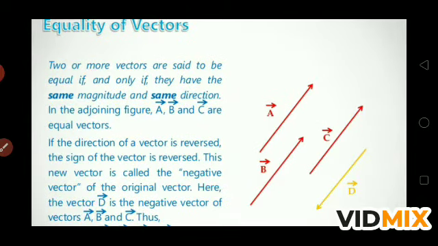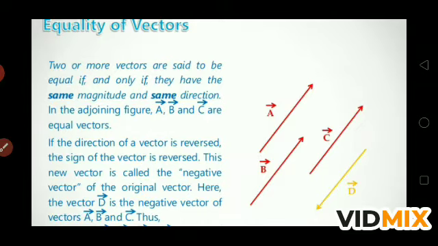So two or more vectors are said to be equal if and only if they have the same magnitude and the same direction. Two vectors are said to be equal only when they have same magnitude and same direction. If the direction reverses, then the equality is also changed, means they will not be equal. The equal condition is there only when the vectors are in the same direction and of the same value. If the direction changes, then the vector also changes.